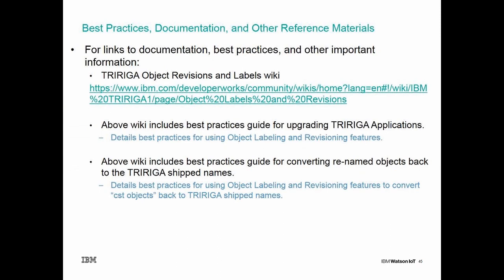The wiki also includes a best practices guide for converting renamed objects back to the TRIRIGA ship names. So this details the best practices for using object labeling and revisioning features to convert CST objects back to TRIRIGA ship names. And as also mentioned, this wiki has a lot of information, including documentation and presentations from previous releases.